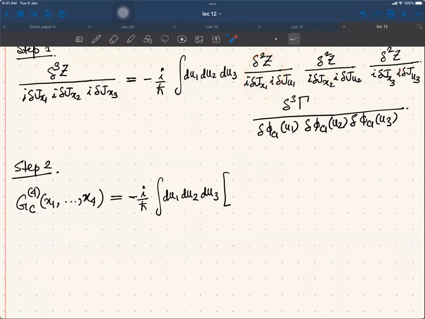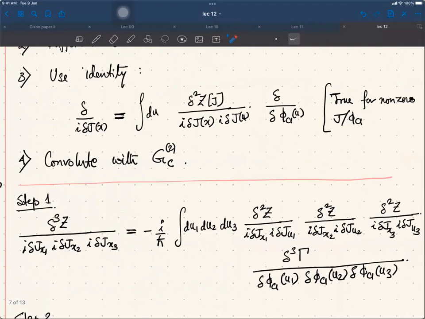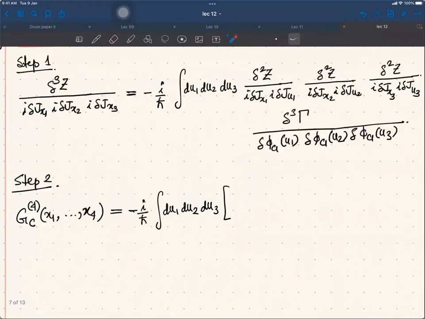And the fourth term, where all 3 will remain g2, this will become a fourth order derivative, but the first derivative will be with respect to ij, and it is the job of step 3 to convert that derivative to phi cl derivative. We'll do that in step 3. So let us write down the 4 terms.